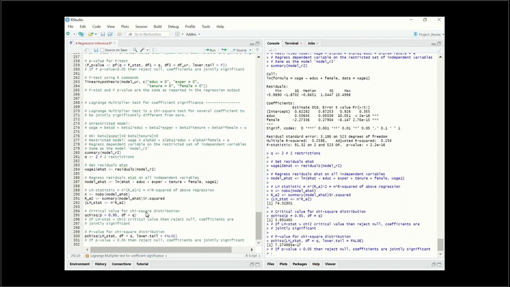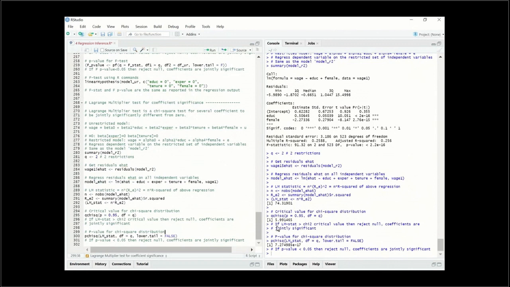For the critical value of a chi-square distribution, we're going to be using Q for chi-square distribution, with P equal to 0.95. The degrees of freedom are equal to Q. And for the p-value, we're going to be using P for chi-square. We give it the test statistic, and then these would be the degrees of freedom, and lower tail would be false because it's an upper one-tail test.